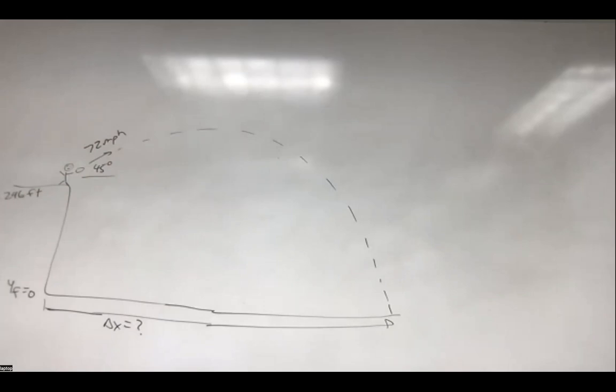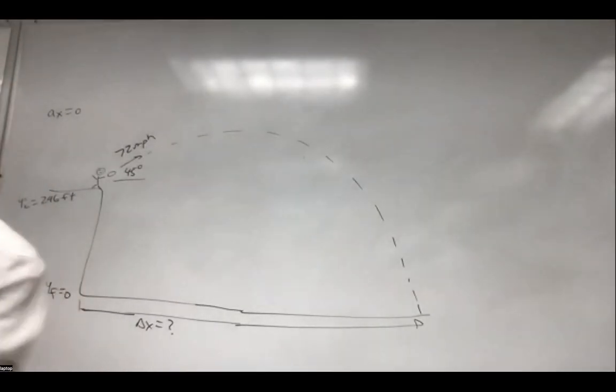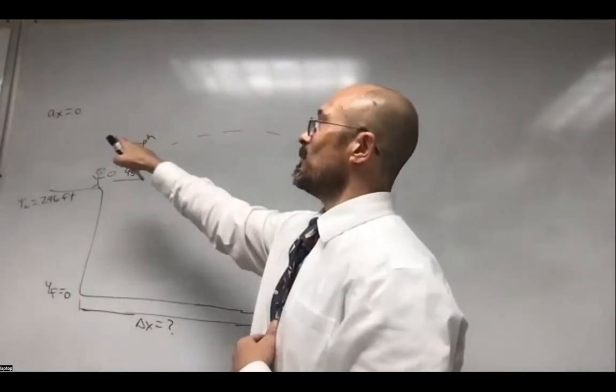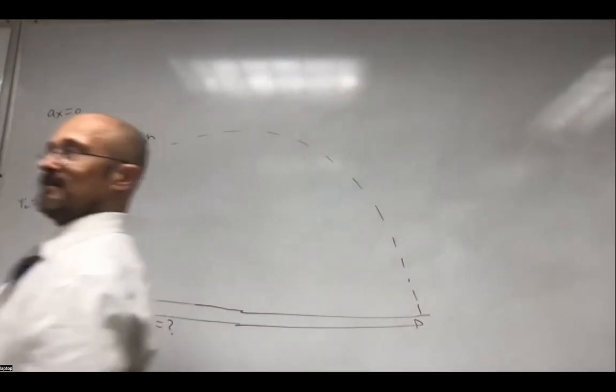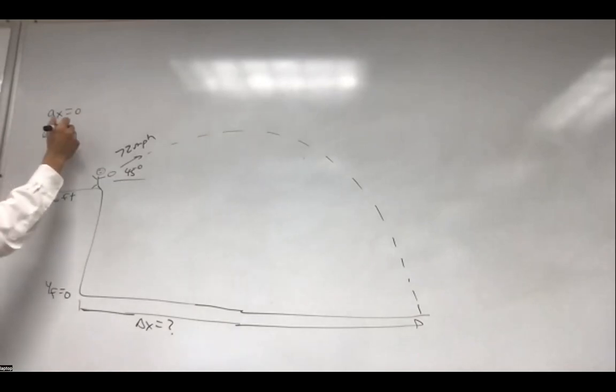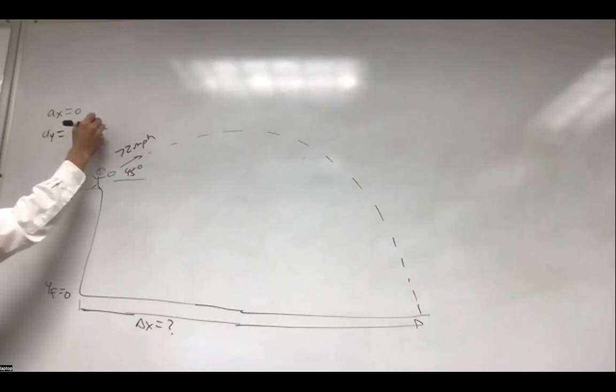It's 0. a_x is 0. Yes. And as someone mentioned already, you have to split things into components. So we also know what other acceleration. a_y is 9.8 meters per second squared, and it's down.